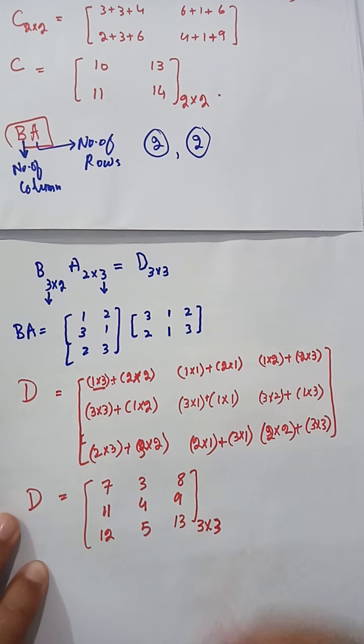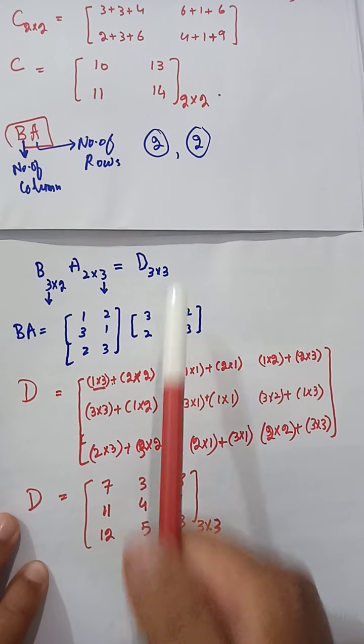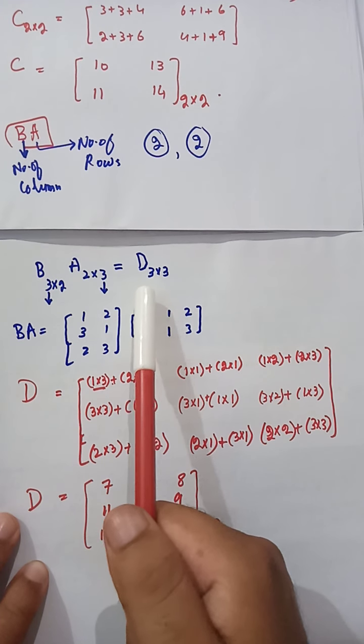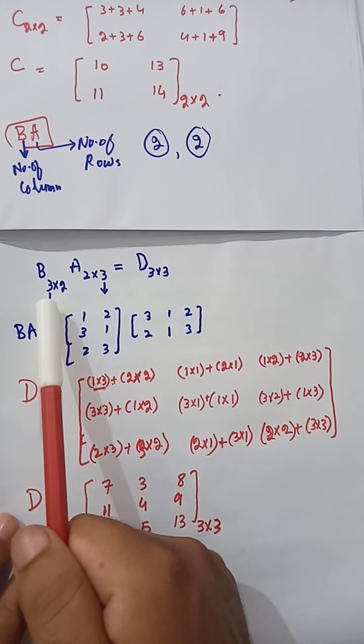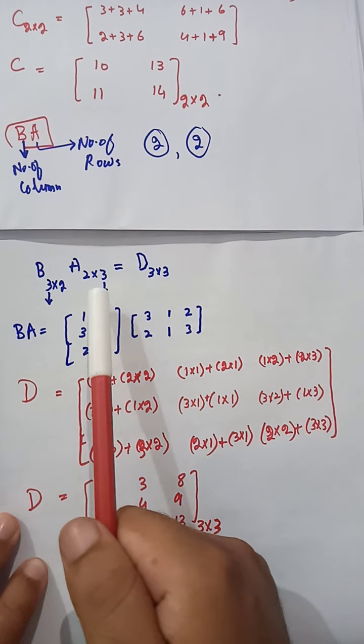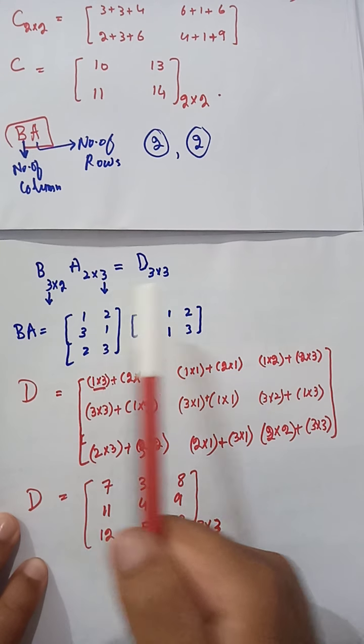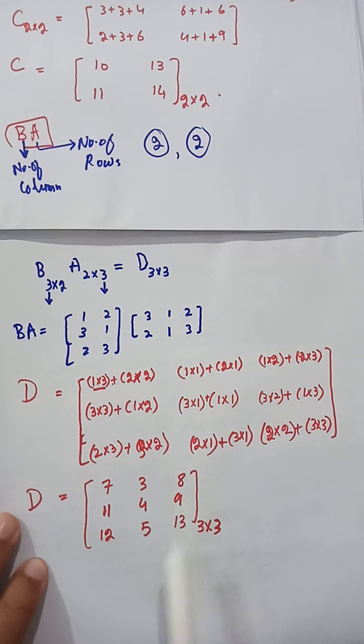And before the multiplication I explained that the order of the resultant matrix must be 3 by 3, because the order of the resultant matrix is determined by taking the rows of the first matrix and the columns of the second matrix. So here the rows are 3 and here the columns are 3, so that's why the order of this must be 3 by 3.